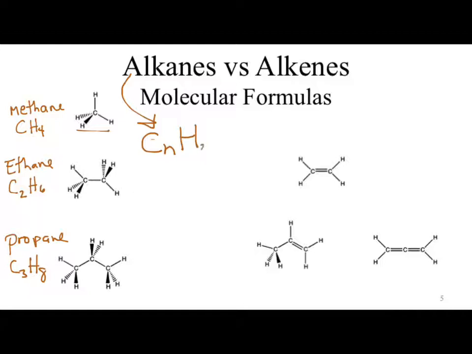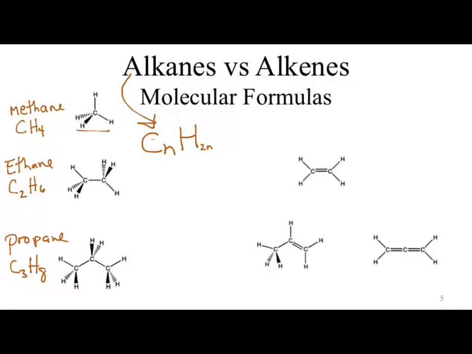Okay, so we could try 2n, see what happens in that case. So in our methane structure, what's n? 1. If our formula was correct, nope, doesn't work. If n was just equal to 1, we would say there's only 2 hydrogens. What's our formula say? 4 hydrogens, so that didn't work.